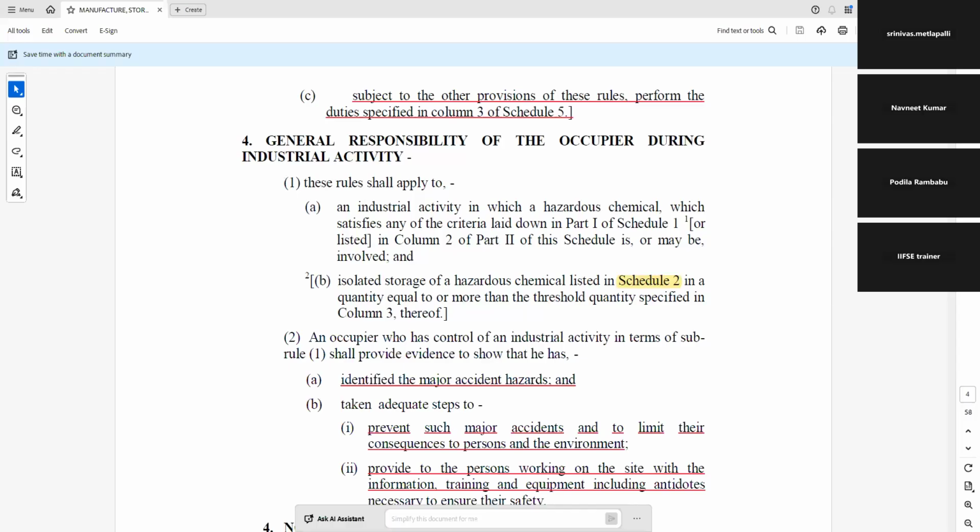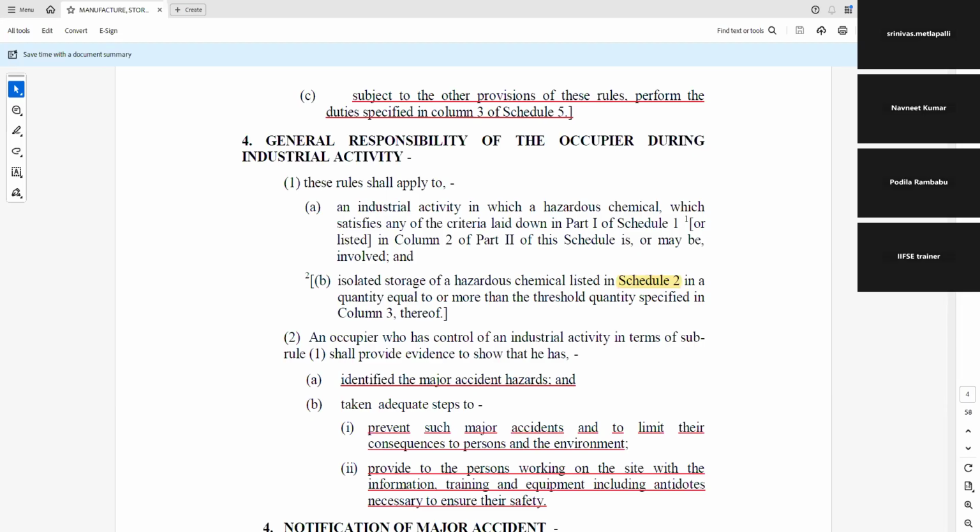Fine. So when I talk about the occupier in each and every legal requirement, for example the Factories Act, the hazardous waste management rules, boilers, the Environmental Protection Act, PESO related rules, everywhere we have a set of defined roles and responsibilities.